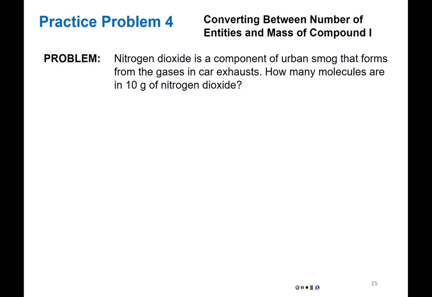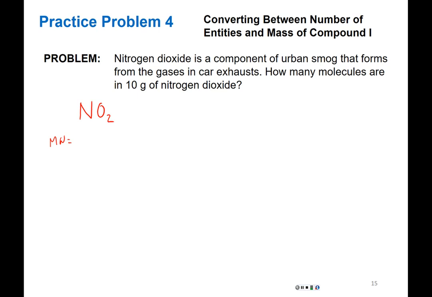So how do we calculate that? Well, first we look at the chemical formula. Nitrogen dioxide is NO2, right? Then we have to calculate the molecular weight. Okay, so the molecular weight, I'll just write it under here, it's going to equal the atomic weights of the atoms in this compound.